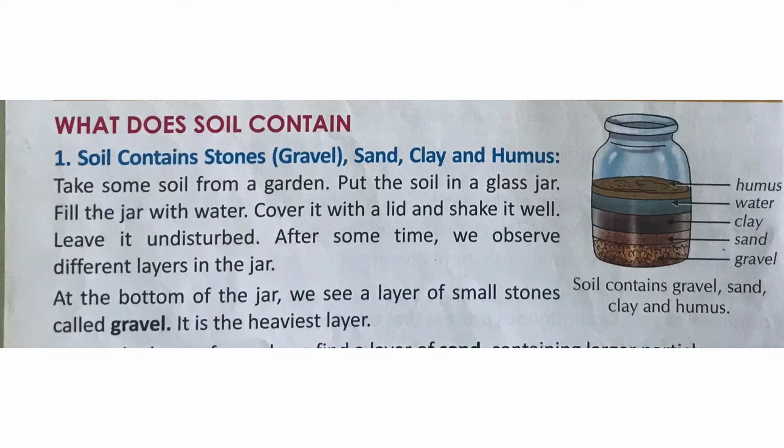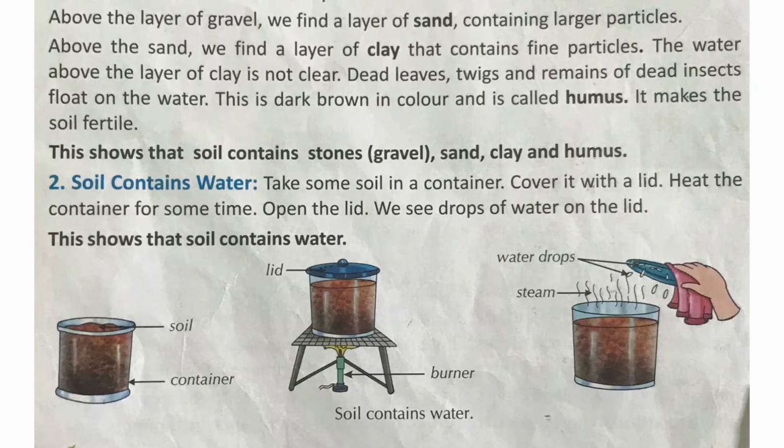At the bottom of the jar, we see a layer of small stones called gravel. It is the heaviest layer. Above the layer of gravel, we find a layer of sand containing larger particles. Above the sand, we find a layer of clay that contains fine particles.